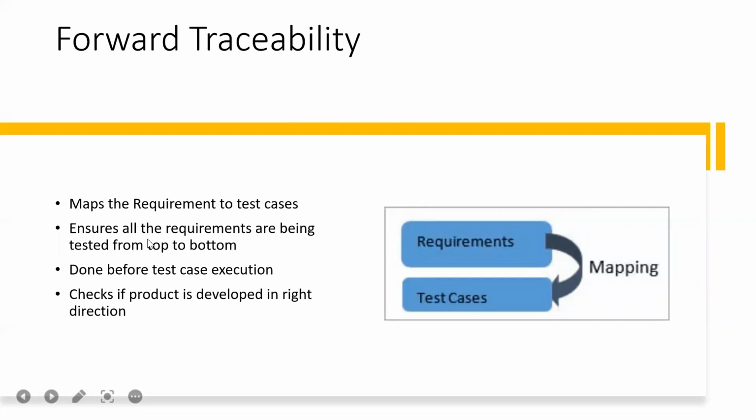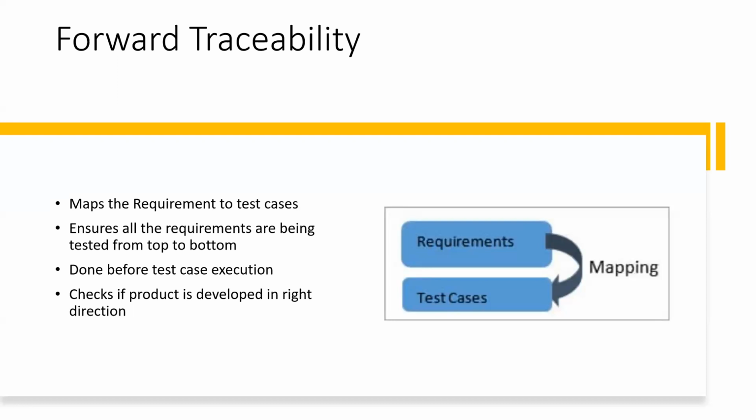It ensures all requirements are being tested, in the sense, do we have test cases for all the requirements? It is done before test case execution. Obviously before executing a test case, we need to ensure all the requirements are covered in a test case.